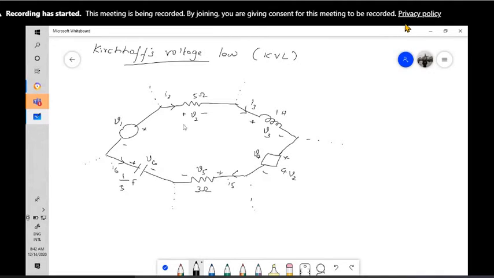How many branches are there? There is 1 branch, 2, 3, 4, 5 and 6. So the voltage drops in all these branches sum to 0.